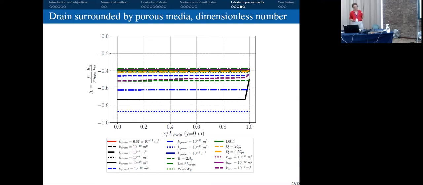And some curves deviate from this lambda, and we can explain this by the fact that the extreme curves have a bigger permeability ratio than the others, and with that we explain that the lambda is a little bit different from 0.4.